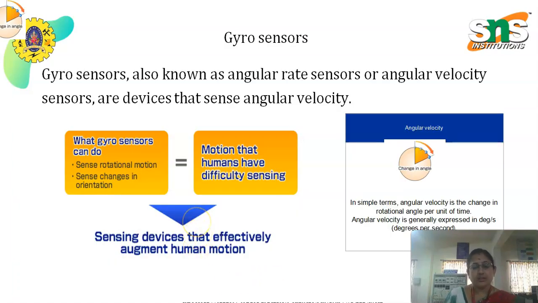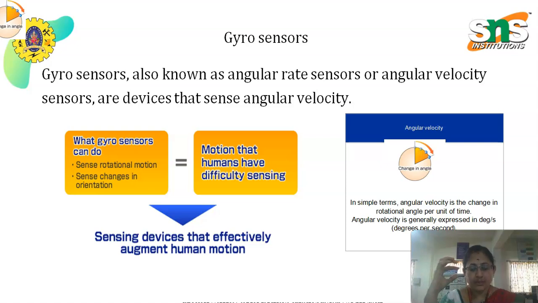This gyroscope is also known as the angular rate sensor or angular velocity sensor, and also as the gyrosensor. What gyrosensors do is sense the rotational motion and the changes in the orientation of the particular object.